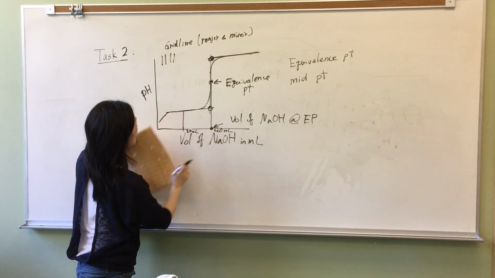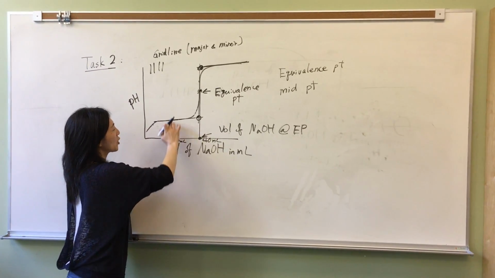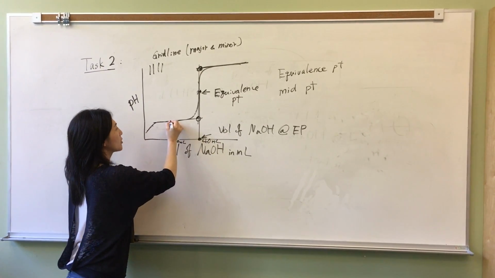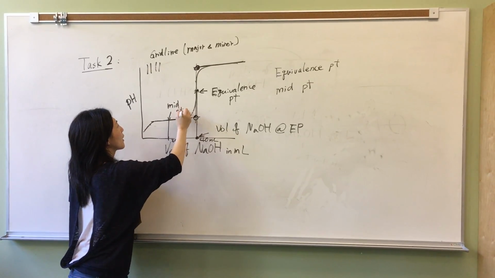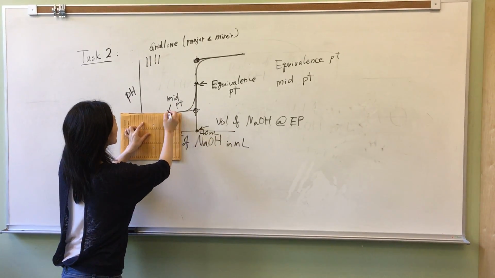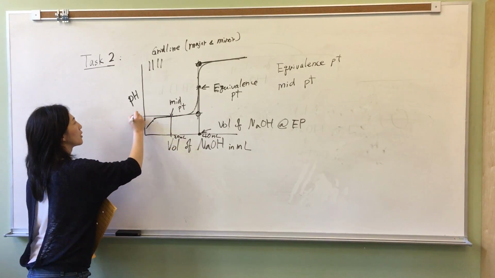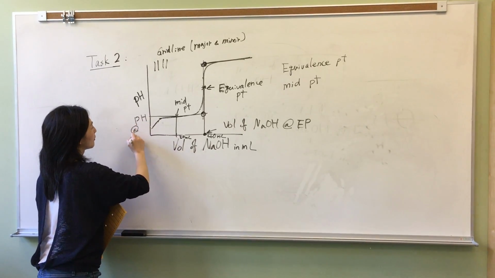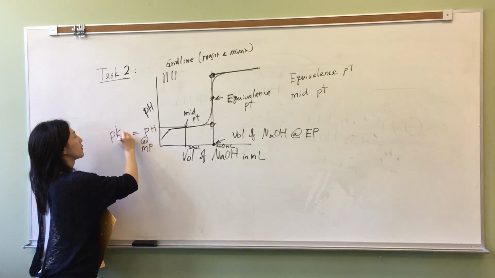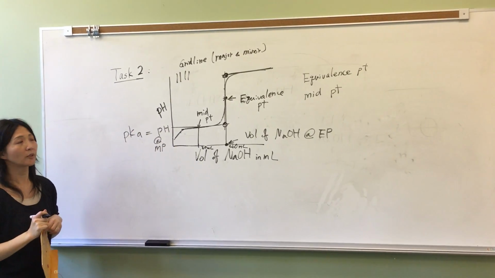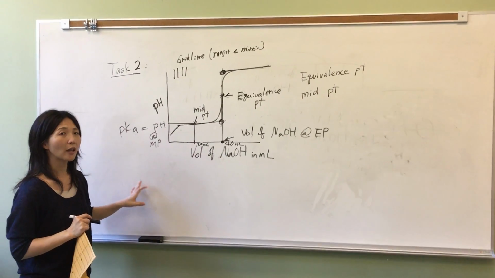So from 20 mL on the x-axis, you need to draw the vertical line up to the graph. Okay, so this is the midpoint, and then you need to find the pH of the midpoint. This pH equals the pKa for your unknown. Okay, so you need to label everything like this on your graph and turn it in.